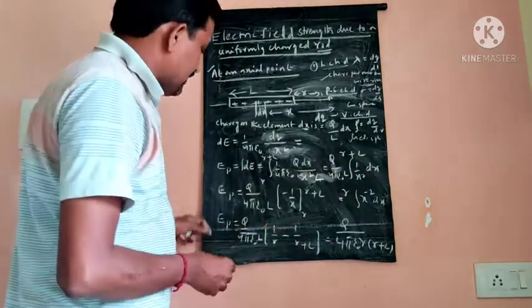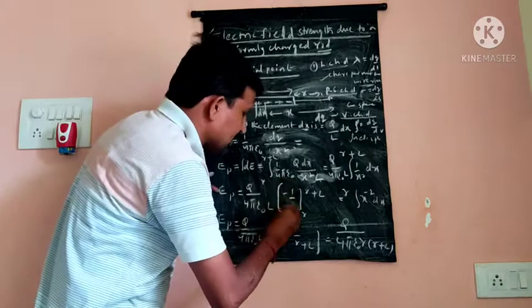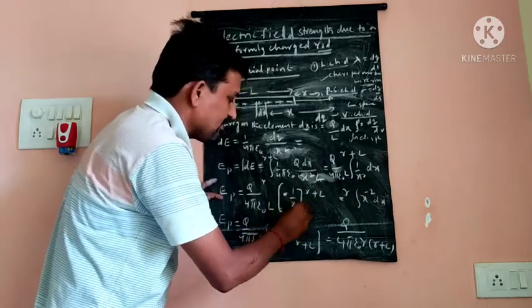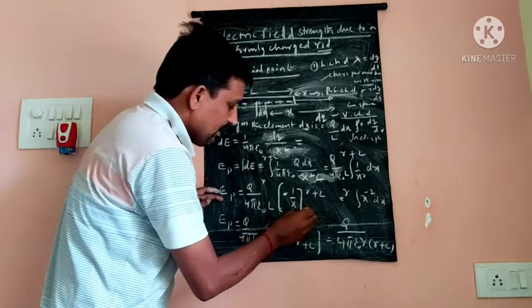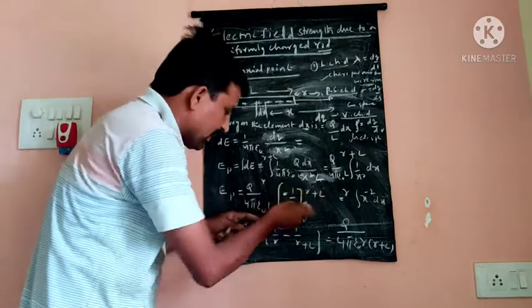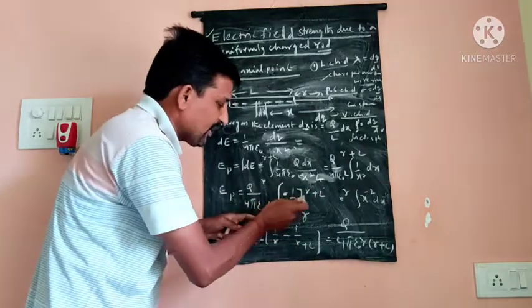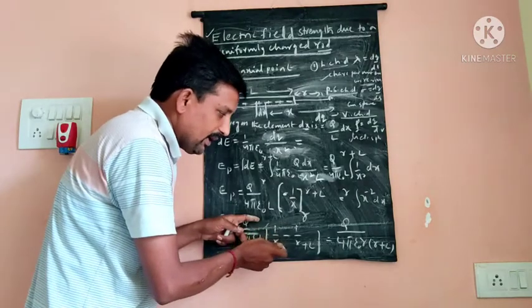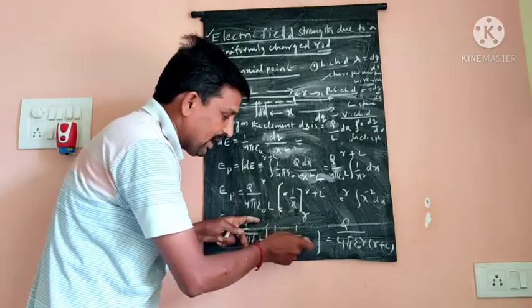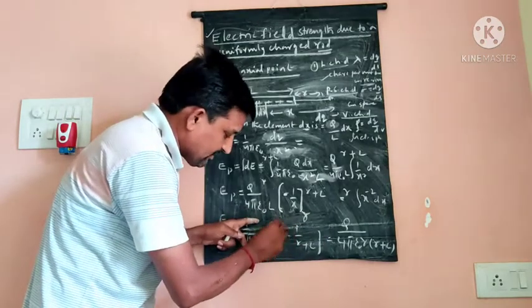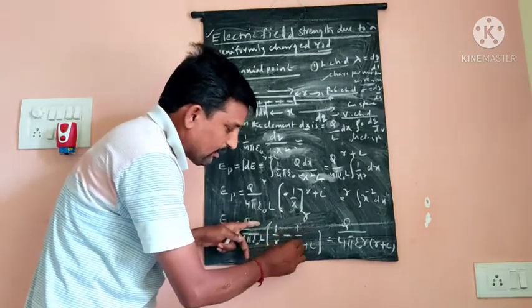By using that relation, the integral of 1 by x square is minus 1 by x, with limits R to R plus L. Substituting upper limit minus lower limit, we get minus 1 by (R plus L) minus (minus 1 by R). Minus into minus is plus, so it is written as 1 by R minus 1 by (R plus L).